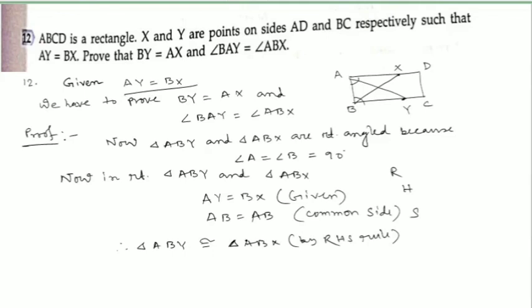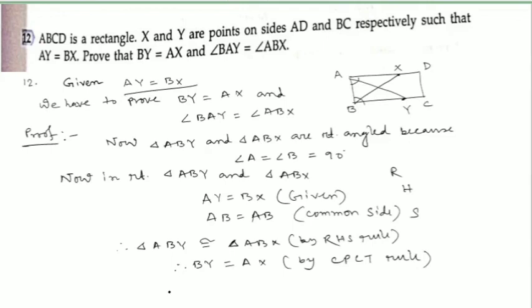Okay, since these two triangles are congruent, therefore their corresponding parts will be equal. So we can write BY is equal to AX by CPCT rule.